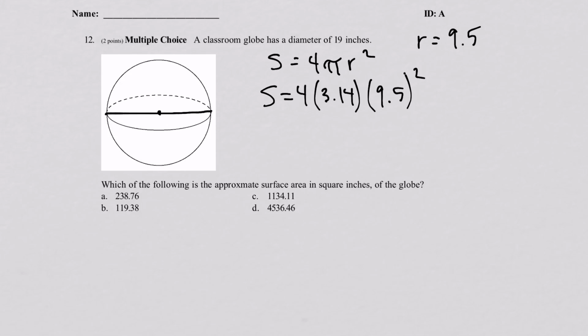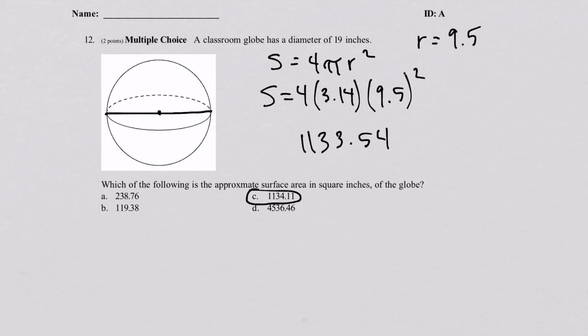Multiply that times 4 and multiply that times 3.14. And I get 1133.54 is what my calculator gets me. That's probably because of the rounding of pi. If I had used the pi button, I would probably get closer, but that looks like C.